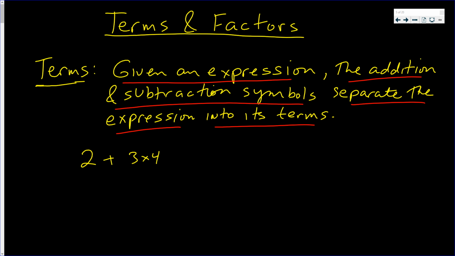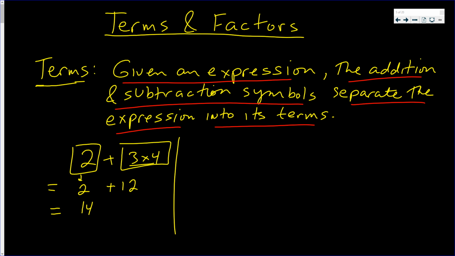But that's not the answer to this problem. Let's find out what the terms are. They're separated by addition and subtraction symbols. There's no subtraction symbols, don't worry. This first term, that's 2, plus 3 times 4 is 12. 2 plus 12 is 14.